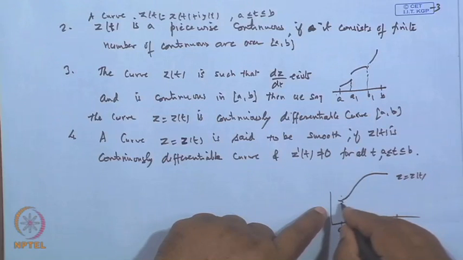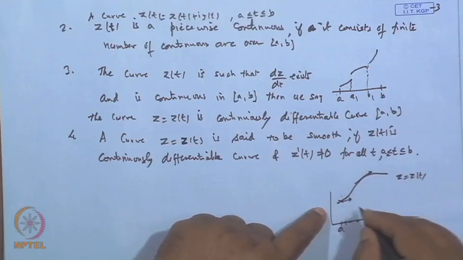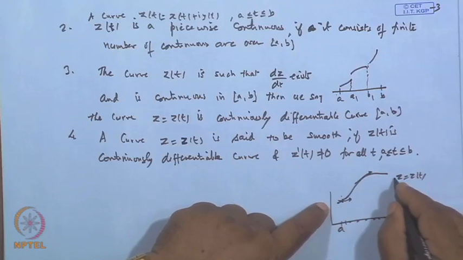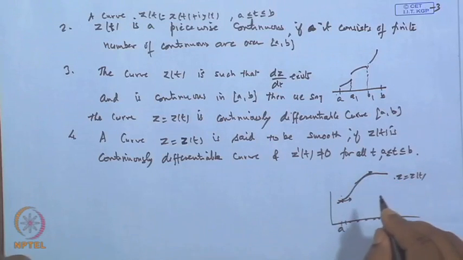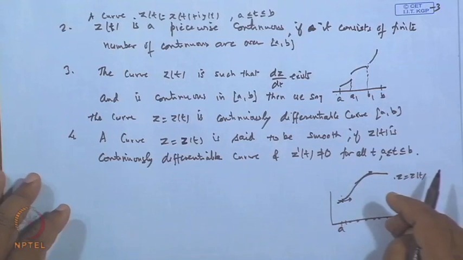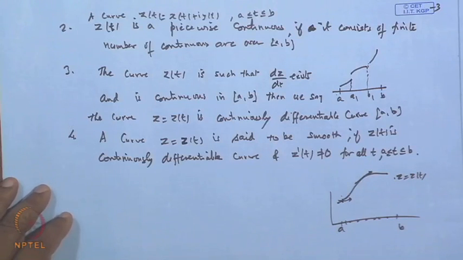So, in that case at each point we have a tangent, and that tangent keeps on changing its direction. So, we have a turning tangent at each point from A to B. Such a curve is said to be a smooth curve when we have a turning tangent at each point on the curve.